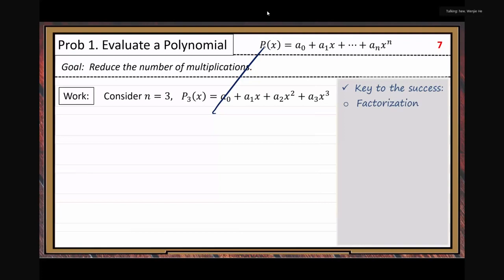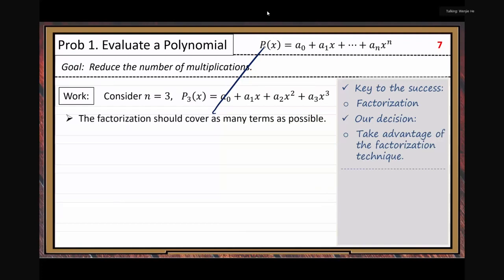The key to the success: do factorization. We take advantage of the factorization technique, but when we do it, we want our factorization operation to cover as many terms as possible.